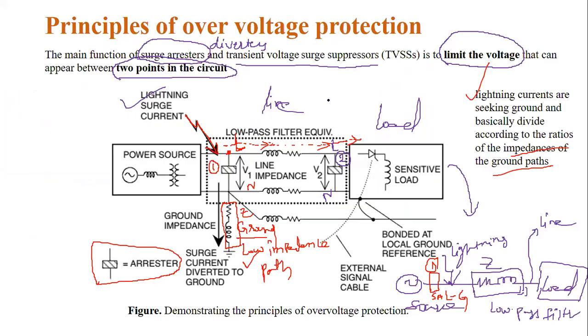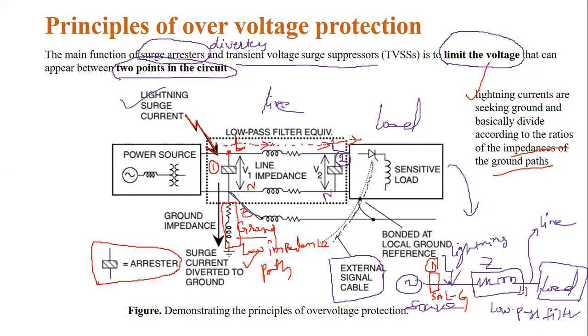Now carefully observe the diagram and these dotted lines. An external signal cable is connected before the sensitive load, and because of this external cable as well as the grounding.